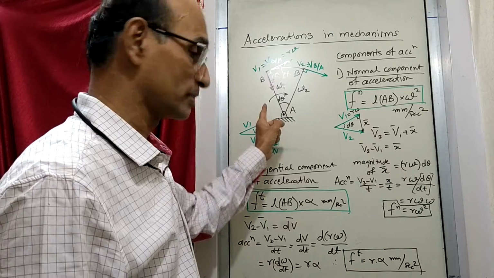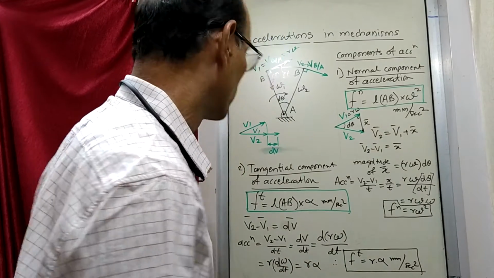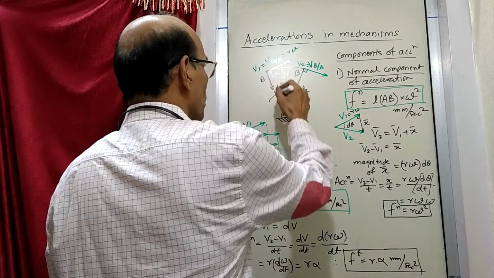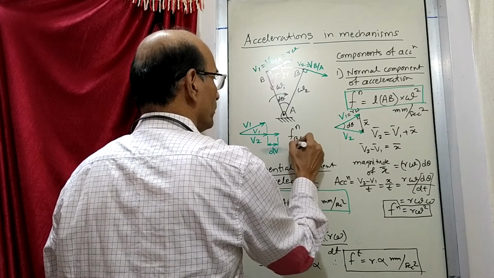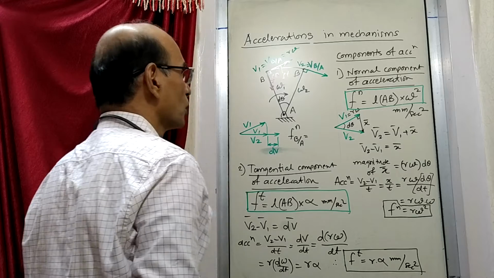Now in this particular example, if you are asked to denote what is going to be the acceleration, F normal of B relative to A is how much?